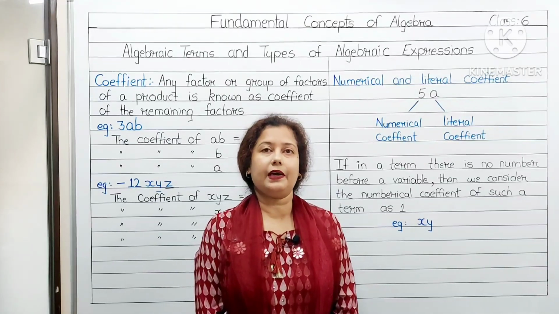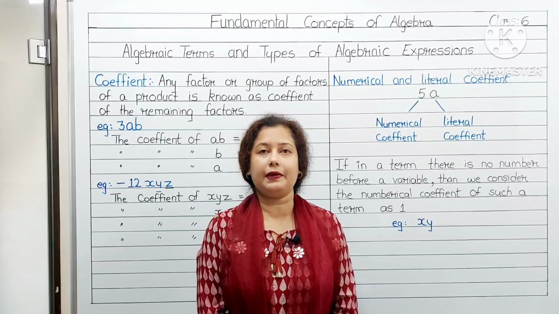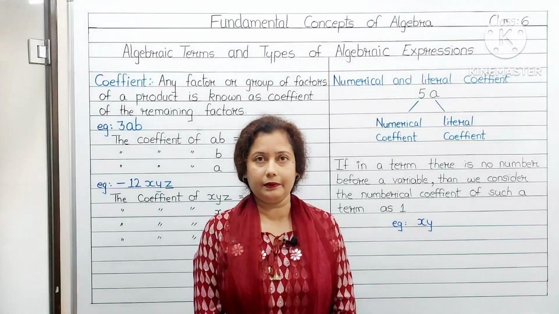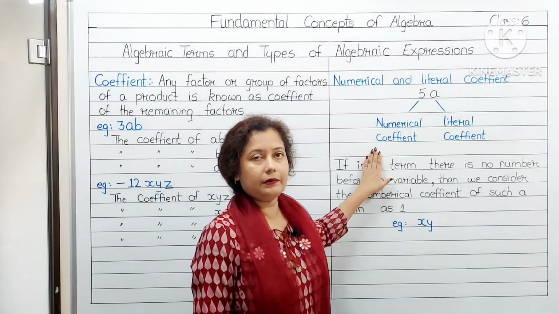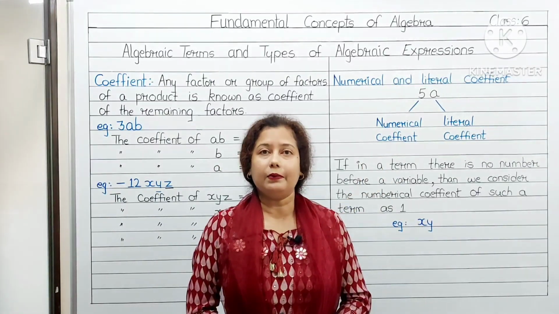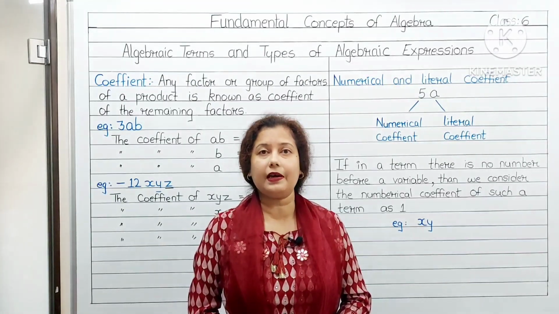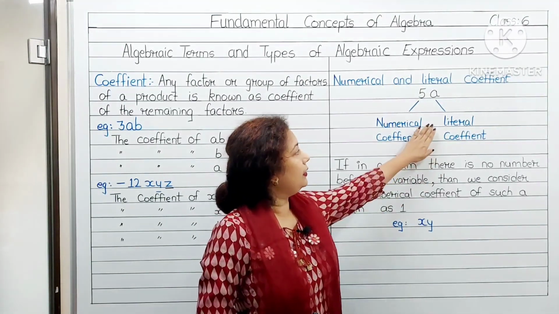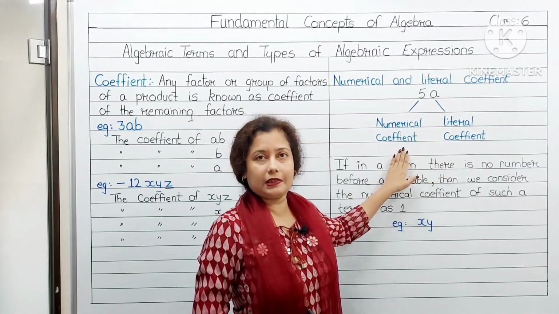One important point we have to remember: when no number or numerical value is present in front of a variable, the numerical coefficient of that term is 1. When 1 is the numerical coefficient, we don't write it. We just write the literal coefficient and it is understood that the numerical coefficient is 1.